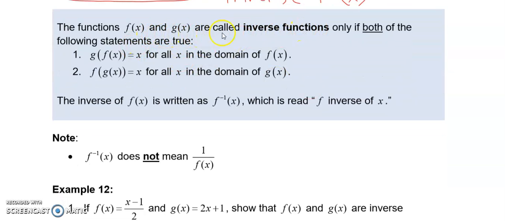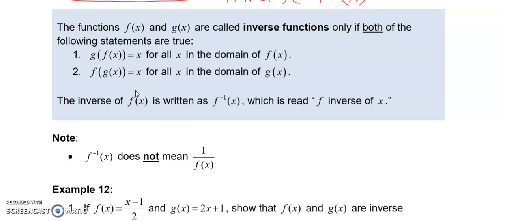The functions f of x and g of x are called inverse functions only if both of the following statements are true. Here's a little test that you can use to determine if two given functions are inverses or not. If you take the composition g of f of x, and you get back exactly x all the time, and the second part to that test is if you take the composite function f of g of x, and again you get back x, then those two functions must be inverses of each other.